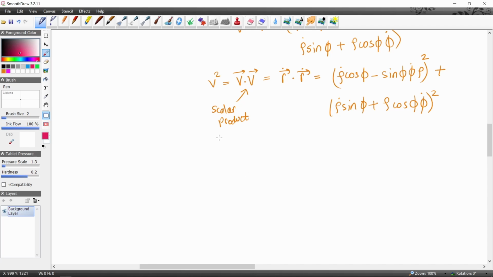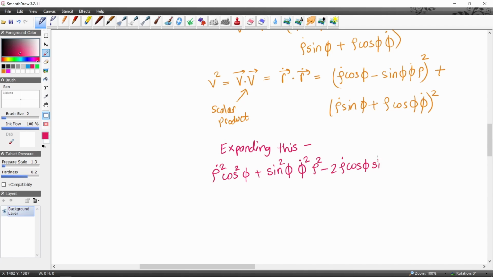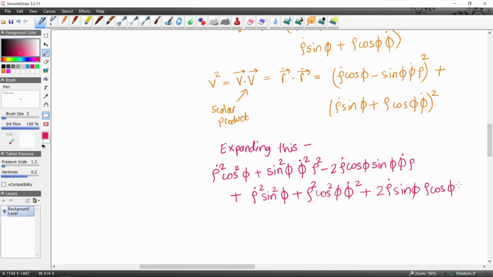Expanding the above expression, we get the following: rho dot square cos square phi plus sin square phi phi dot square rho square minus 2 rho dot cos phi sin phi phi dot rho, plus rho dot square sin square phi plus rho square cos square phi phi dot square plus 2 rho dot sin phi cos phi phi dot rho.